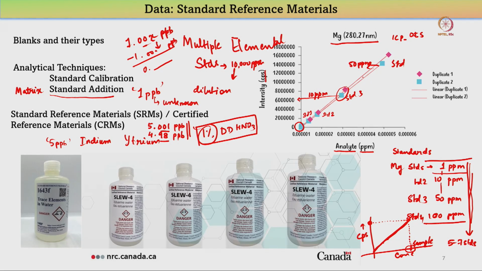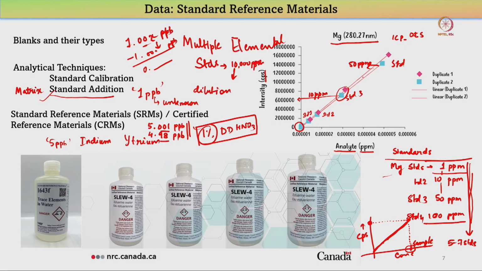Now, how do I know whether the value that I am measuring is correct or not? My calibration curve I am preparing in my lab, I am preparing these standards and measuring them, and I am also adding this matrix that I am preparing and going to measure.